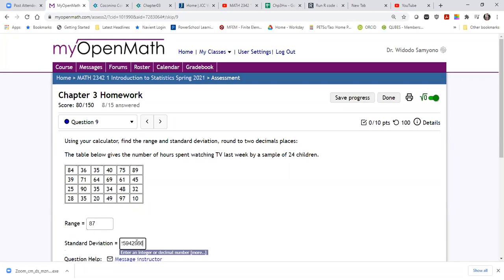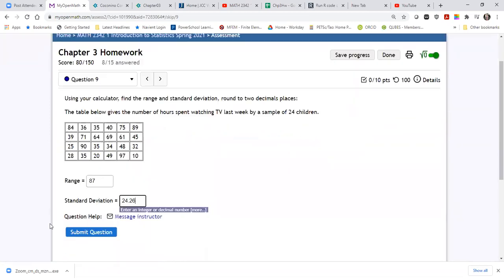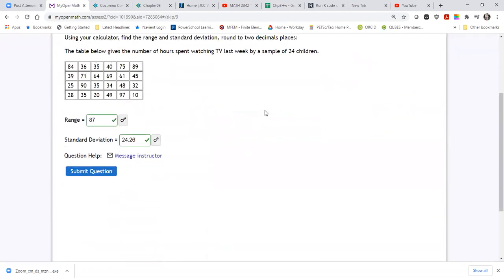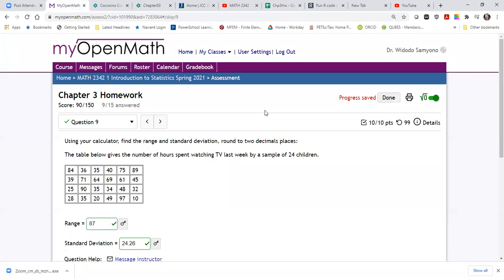This is the standard deviation. Round to decimal. So the answer will be 26, right? Okay.